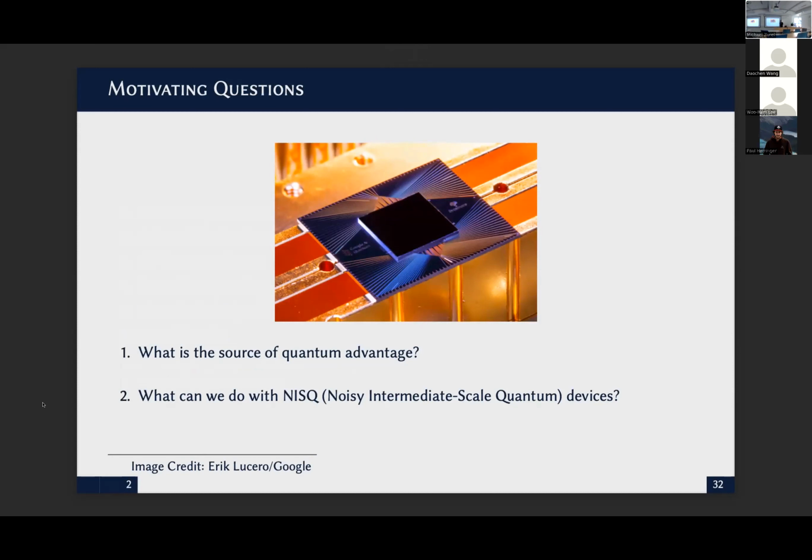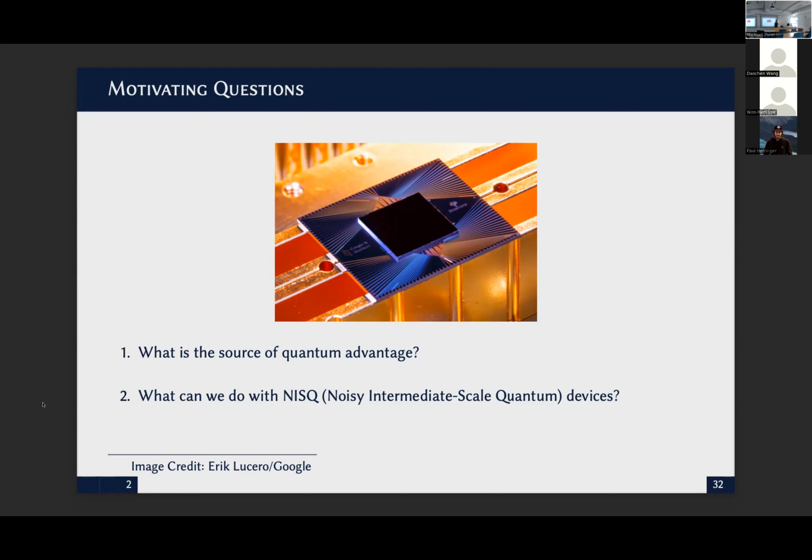So to begin, although quantum algorithms that are conjectured to outperform known classical counterparts exist, such as Shor's factoring algorithm, the fundamental element that makes quantum computers better than their classical counterparts still remains a mystery.